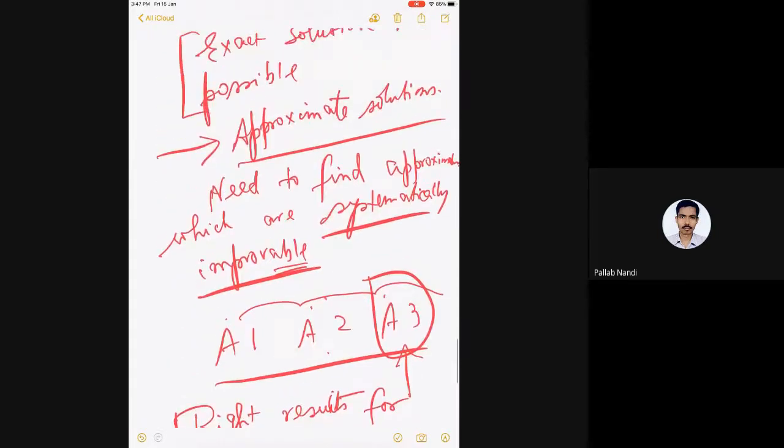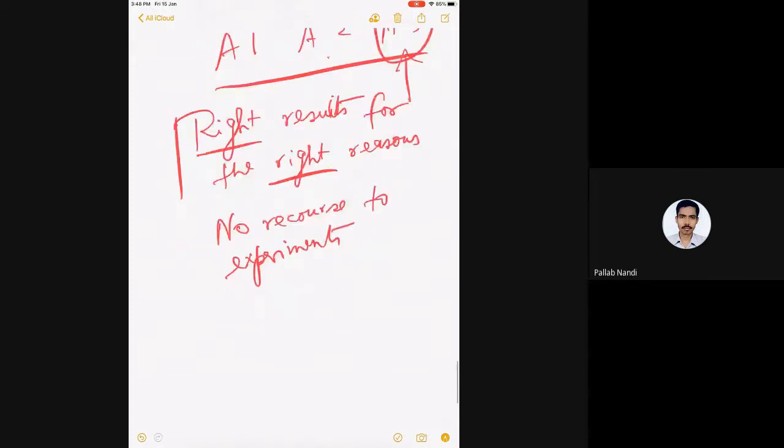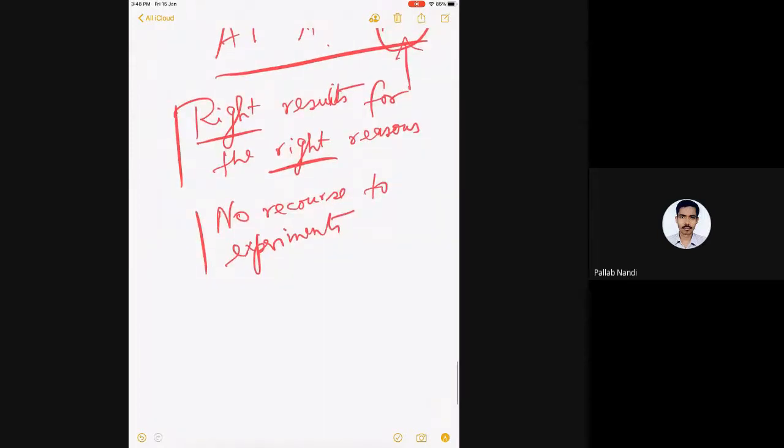The approximations that we'll also develop will not be of the kind of semi-empirical. So no recourse to experiment. They will be completely theoretical. And this kind of approximations that we will discuss here are very often called the first principle approximation. It means we are developing approximations from the very first principle, without any help from the experiments.